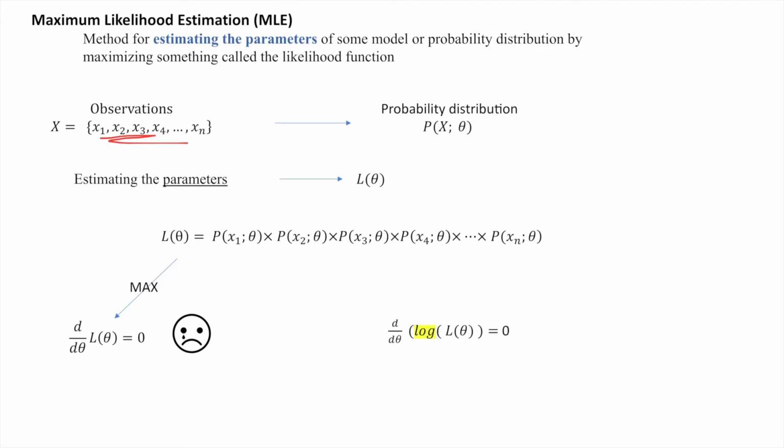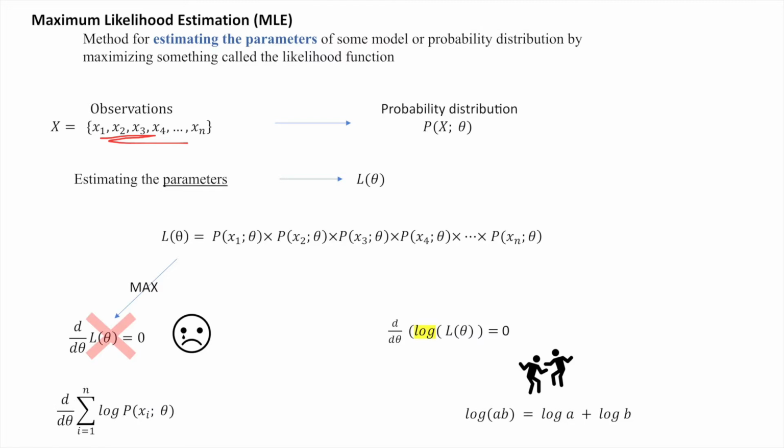This is because the log has this nice property where log of A times B is equal to log A plus log B. This simplifies the equation above to the sum of the logs of the xi's, or the observations. You might ask, how can one decide to use the logarithm instead? Isn't this problematic?